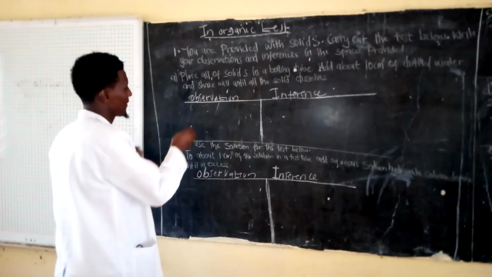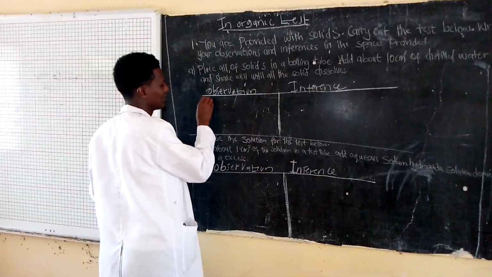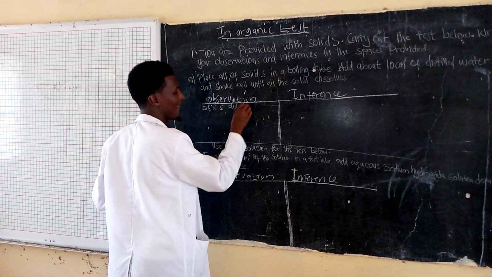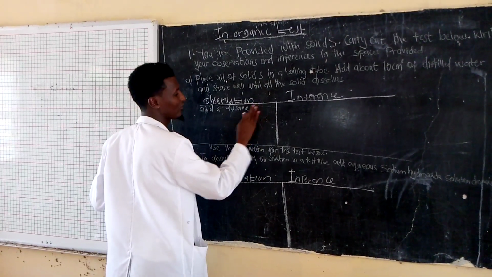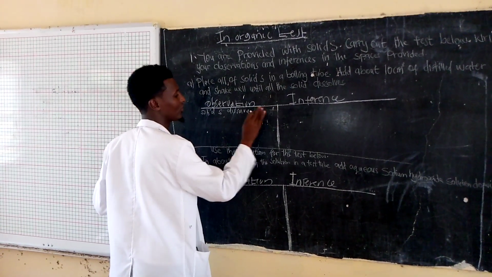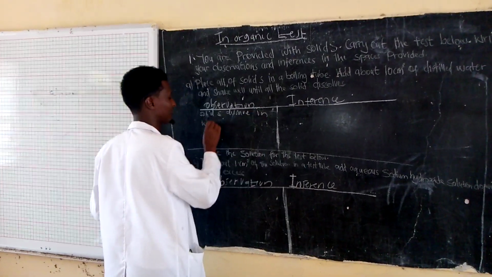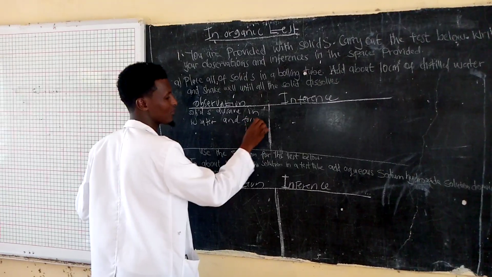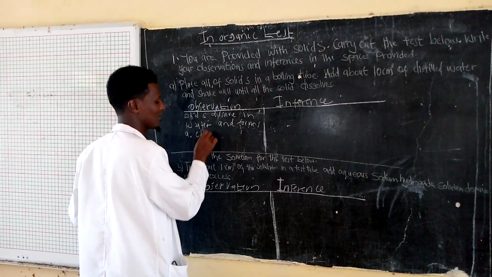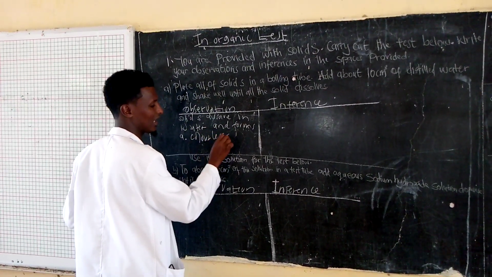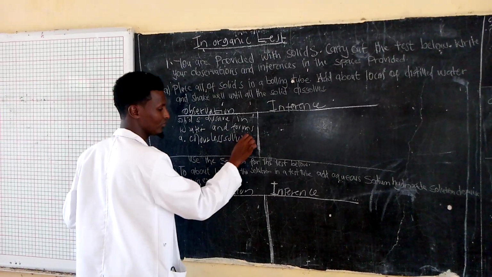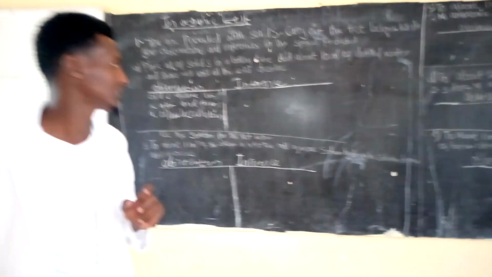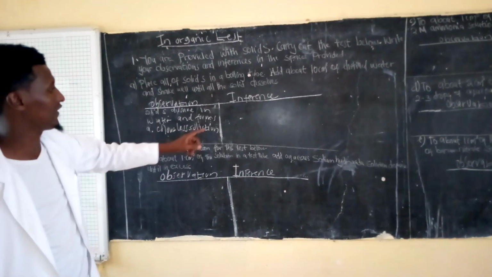You can write: solid S dissolved in water and forms a colorless solution. So what is the inference now?